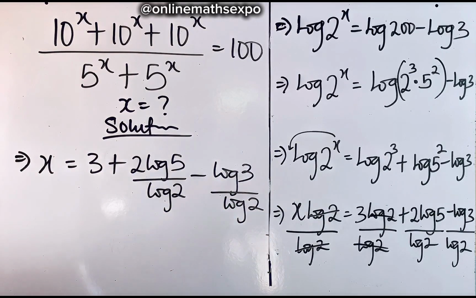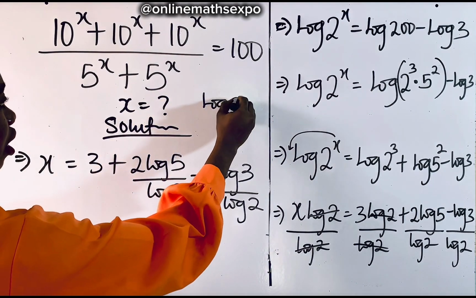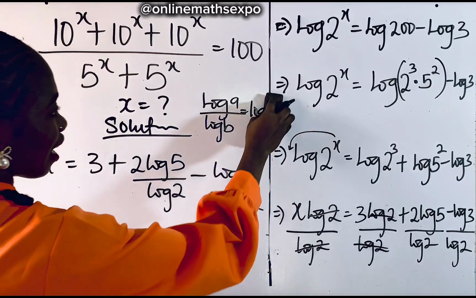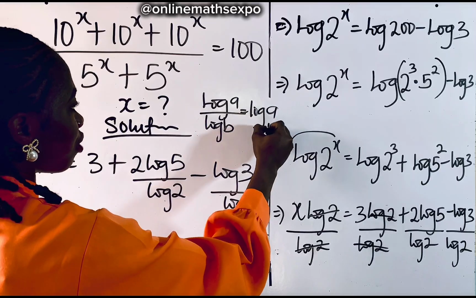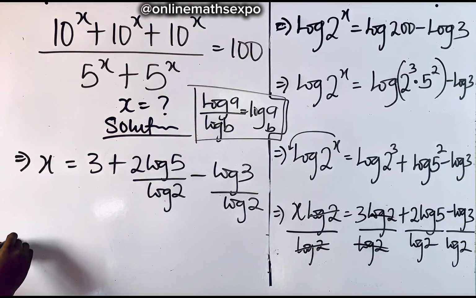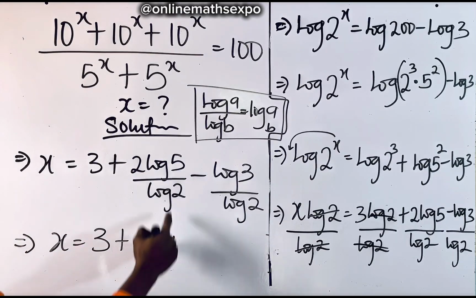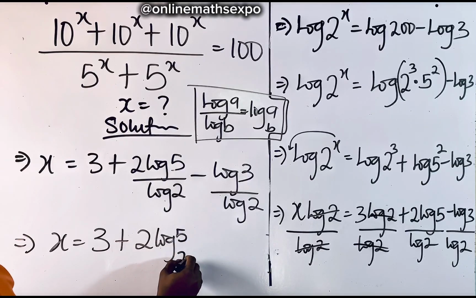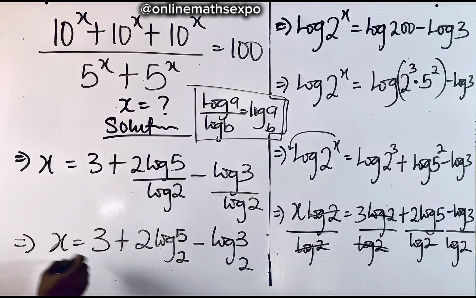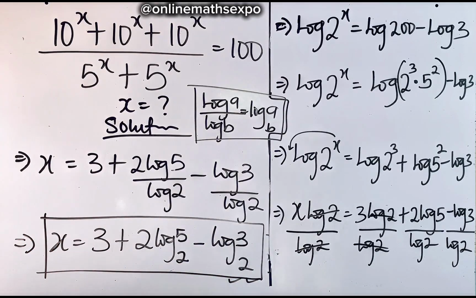For every log of a divided by log of b, it's always log a base b. So applying this rule, x is equal to 3 plus 2 log 5 base 2 minus log 3 base 2. And this gives us the simplified value of x.